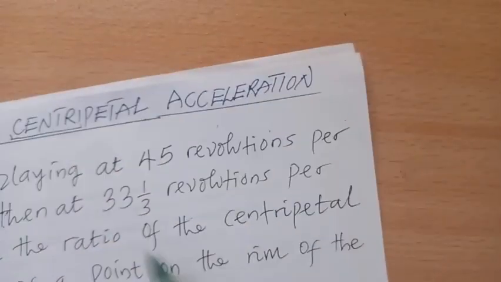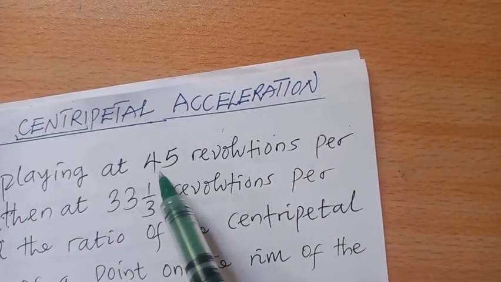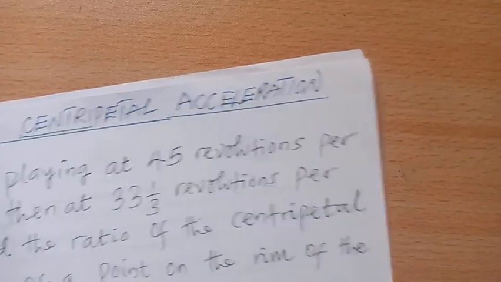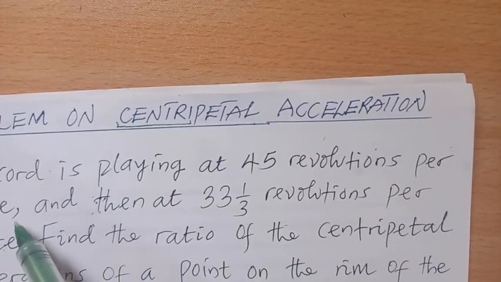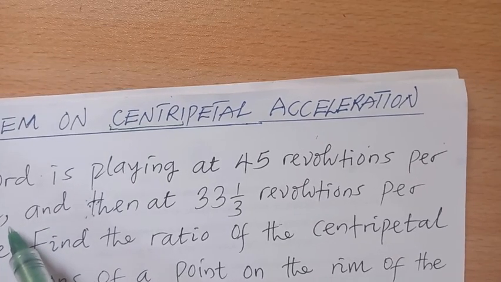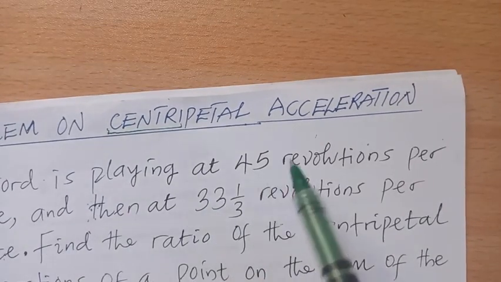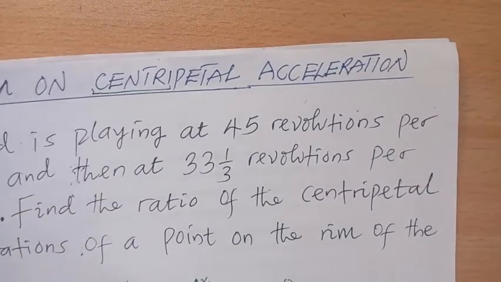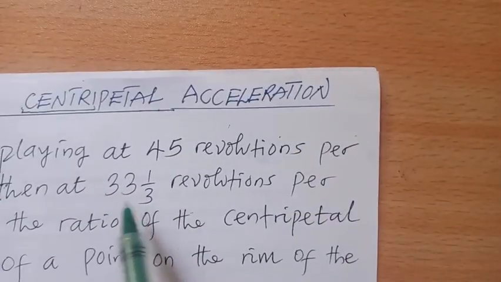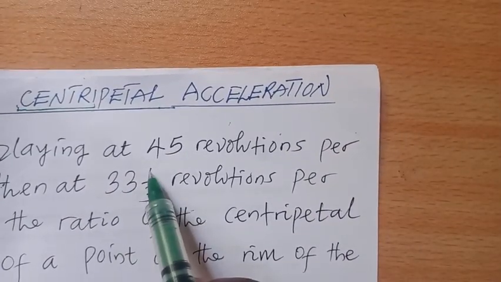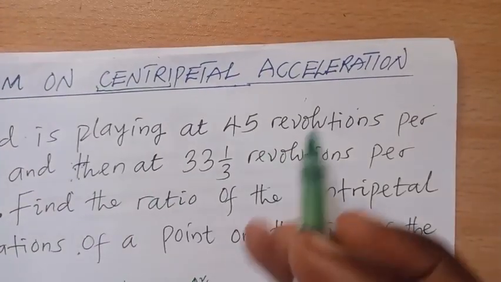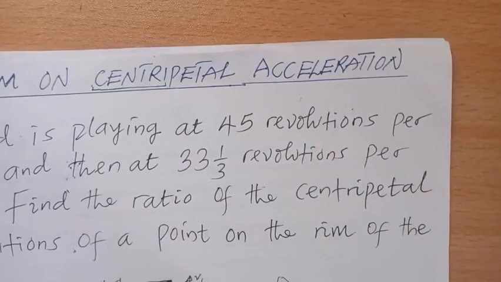Okay, when it was playing with this frequency, 45 revolutions per minute, it has an acceleration due to this frequency. When it is moving now with 33 whole number 1 upon 3 revolutions per minute, the acceleration will have to change because the frequency changes.